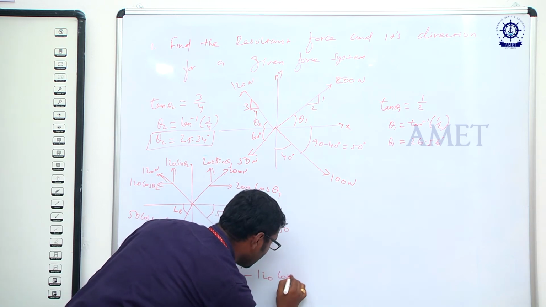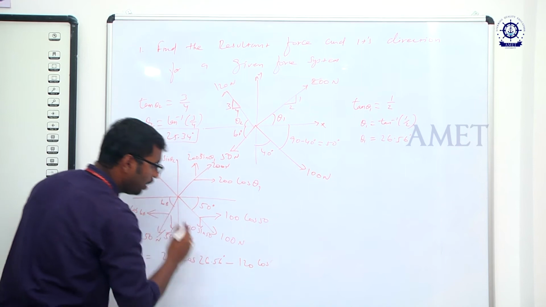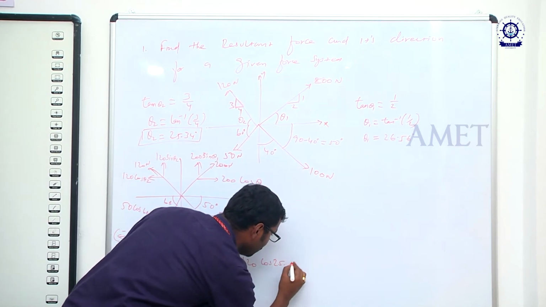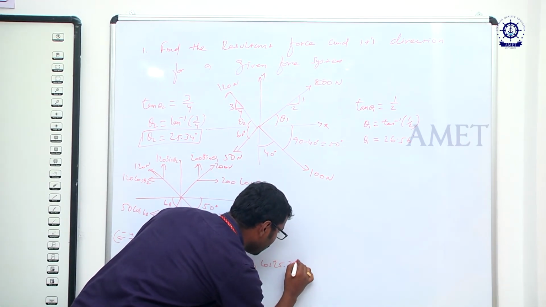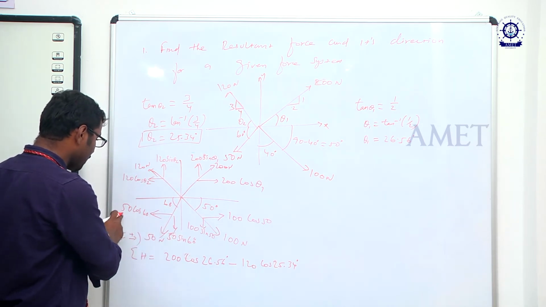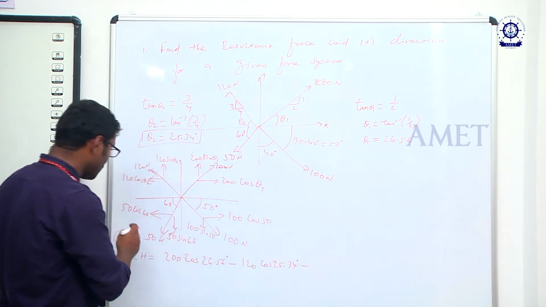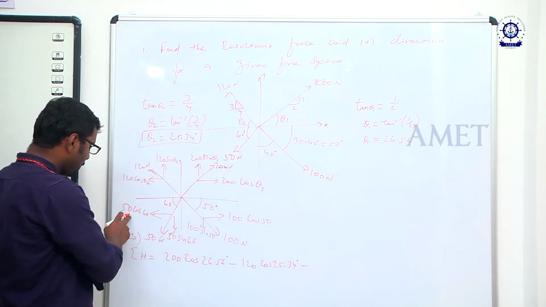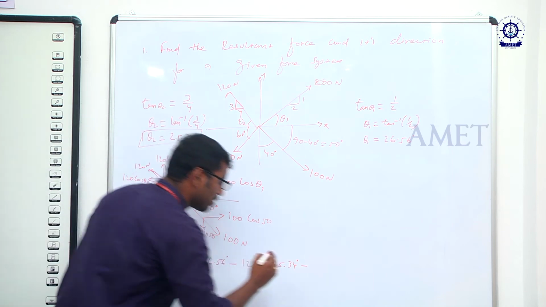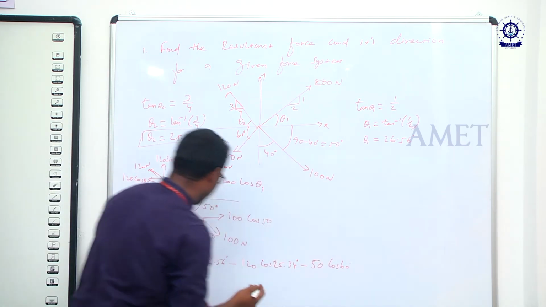So, 120 cos theta 2. Theta 2 is 25.34 degree, so I am going to substitute that value, 25.34 degree. And the third one is also acting towards the left side, so I am going to give a minus sign for that force. The value of that force is 50 cos 60 degree.